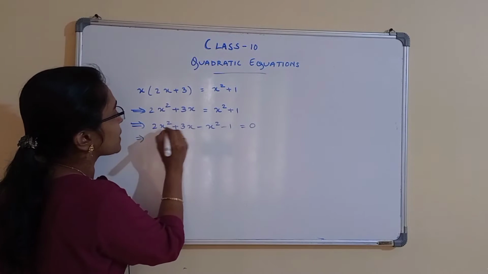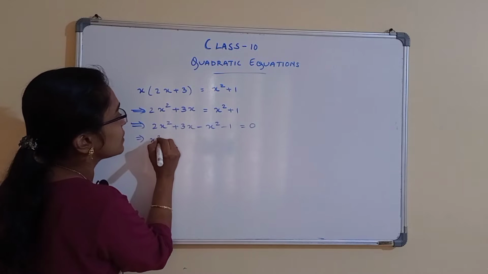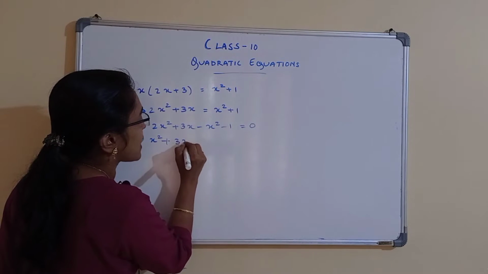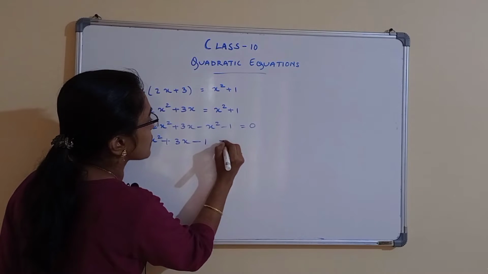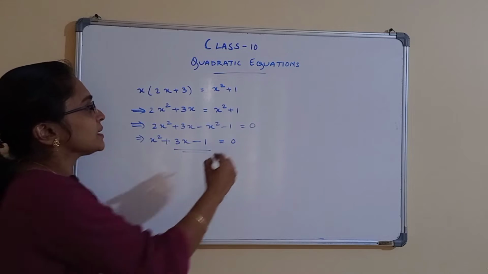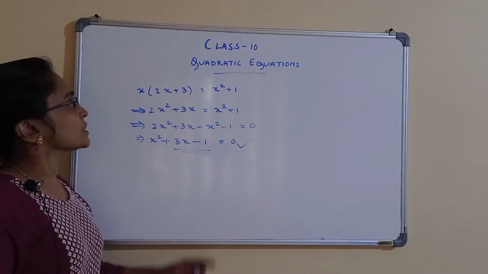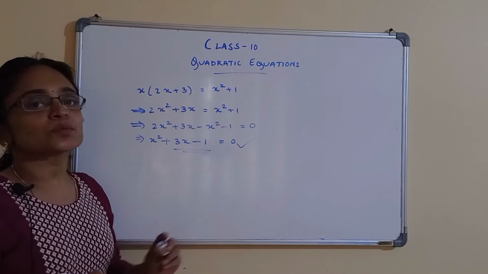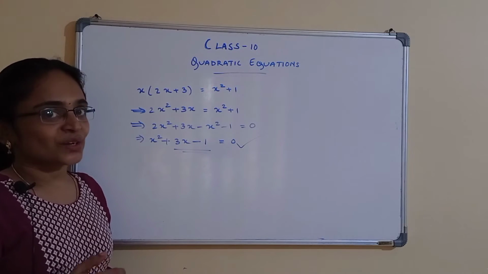So 2x square minus x square is x square, then x term is plus 3x and constant is minus 1 is equal to 0. So is this a quadratic equation? Yes, this is a quadratic equation. So x into 2x plus 3 is equal to x square plus 1 is a quadratic equation.